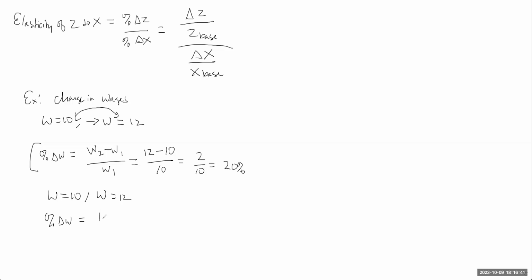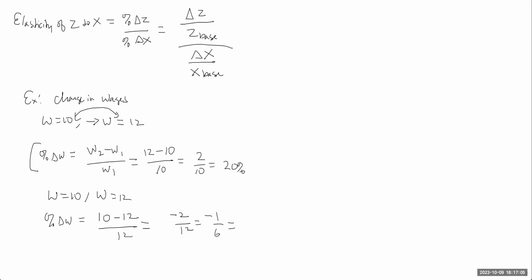It went from W1, 12, to W2, 10, so W2 minus W1 divided by W1 is minus 2 over 12, which is minus 1/6. If I had a calculator, I could figure this out.